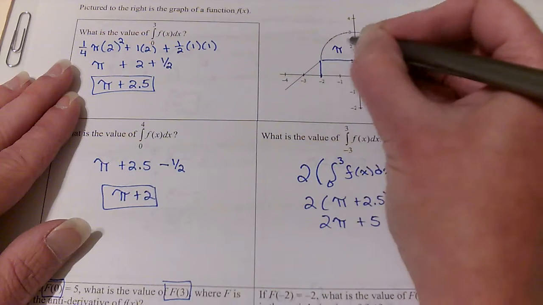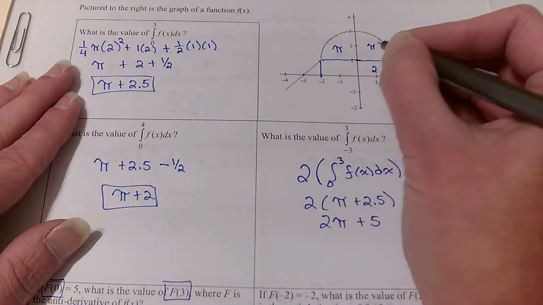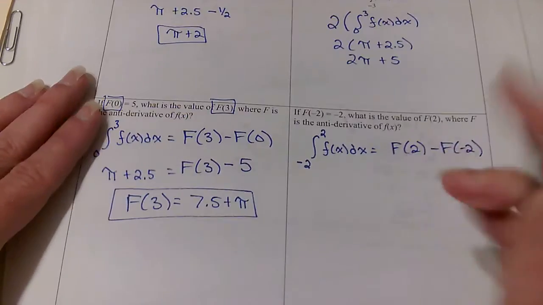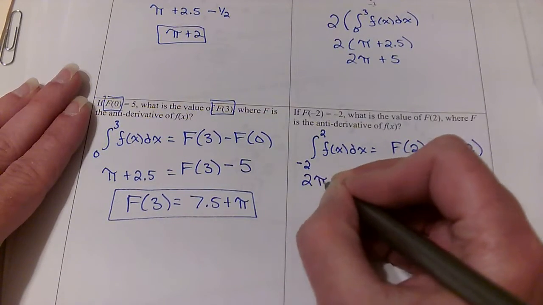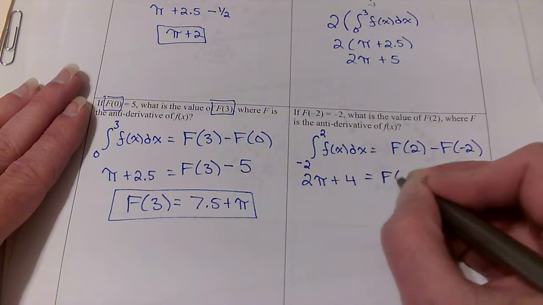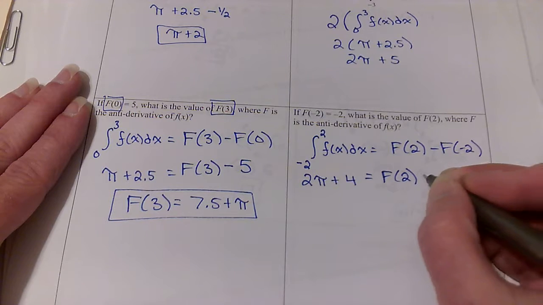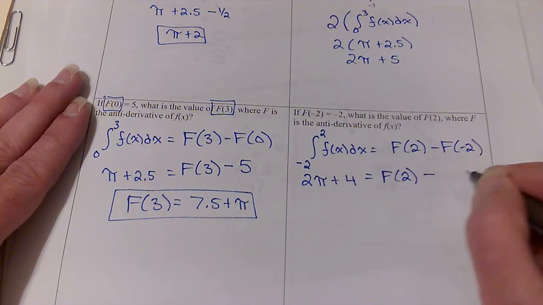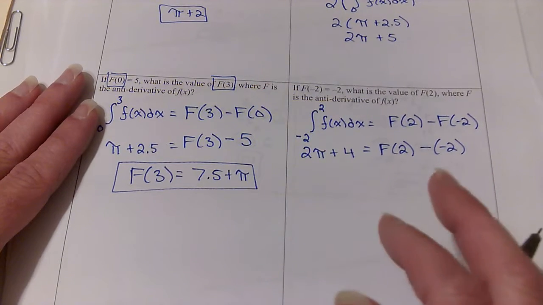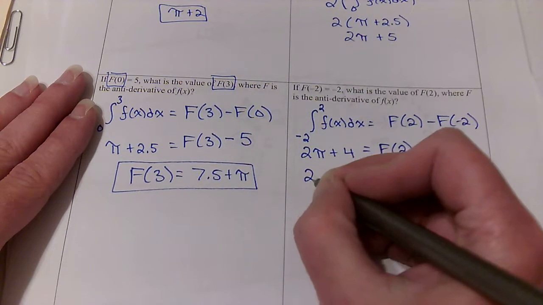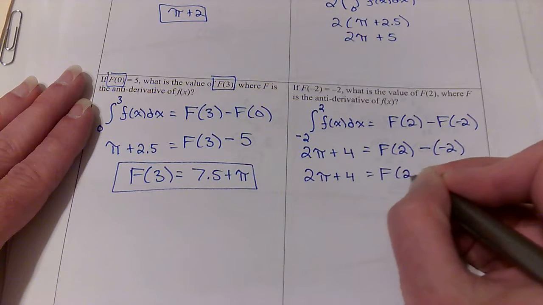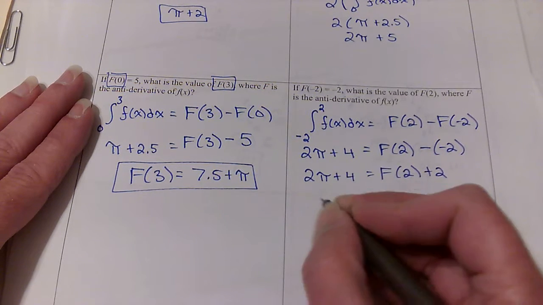Well, this is another pi, and this is a 2. So 2 pi's plus 4. Capital F of 2 is what we're looking for. This one's a negative 2. So that makes it, and we'll subtract 2.